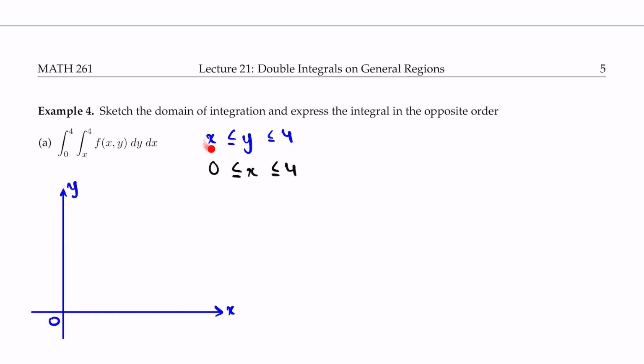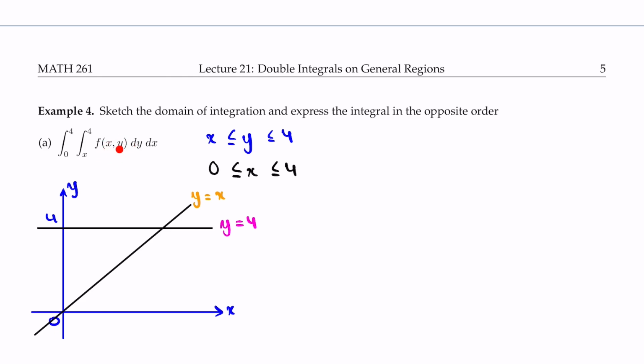The lower bound is y equal to x, and the upper bound is y equal to 4. So y equal to x is the line going through the origin like this, and y equal to 4 is the horizontal line. So here is y equal to x, here is y equal to 4, so this one is 4, and at the same time, x is bounded between 0 and 4.